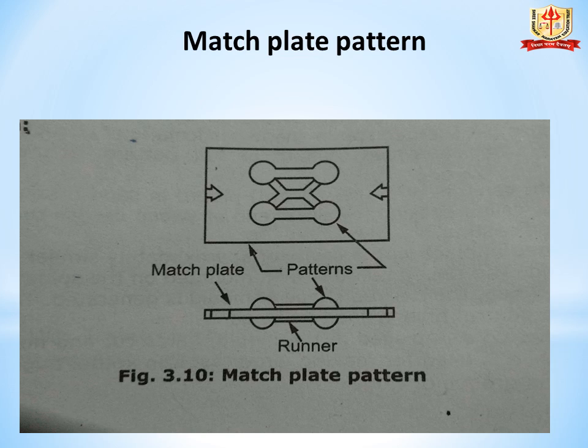The match plate forms the parting line of the mold. Aluminum is chosen for the match plate because of its lightness and cheapness. One half of the pattern is mounted in a flask and the other half in another flask, which are finally assembled to form the complete mold.